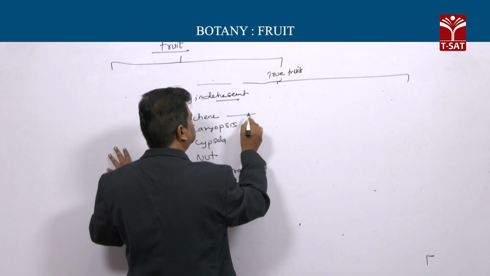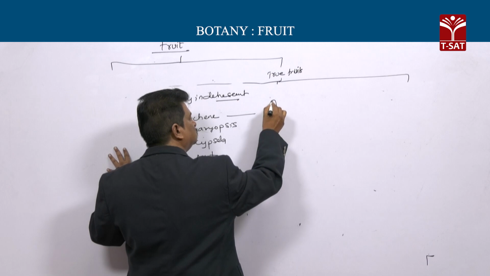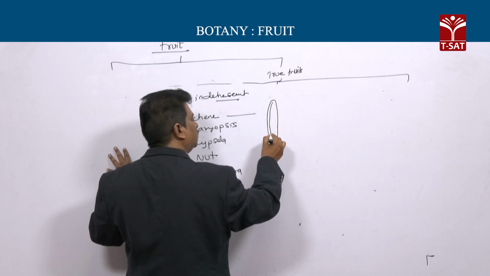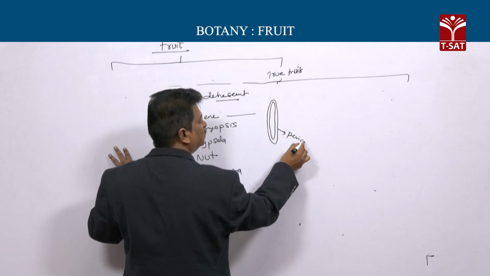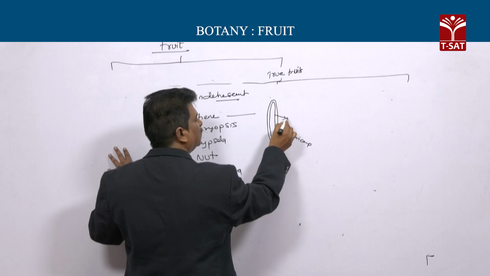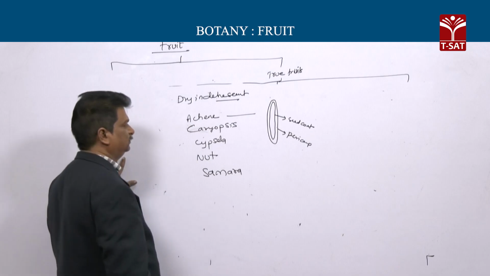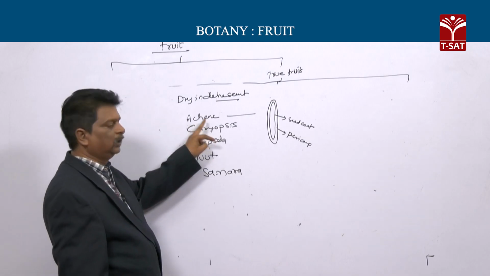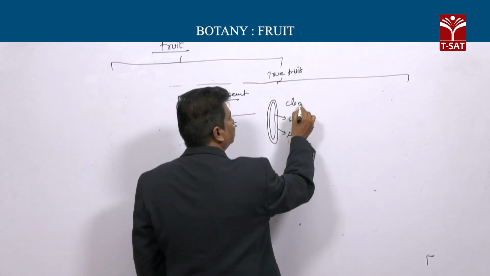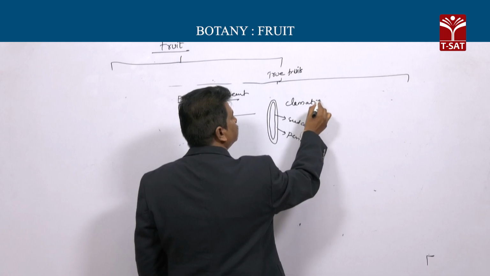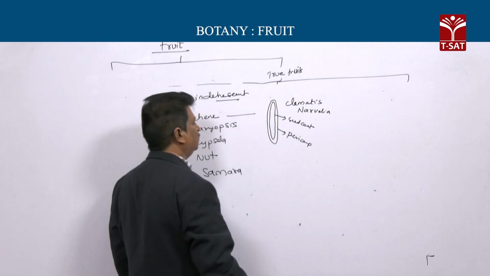So first one, achene fruit develops from monocarpellary unilocular ovary. In this type, fruit wall called pericarp and seed coat are free, called achene. Example for achene, one is Clematis and second one Naravelia.